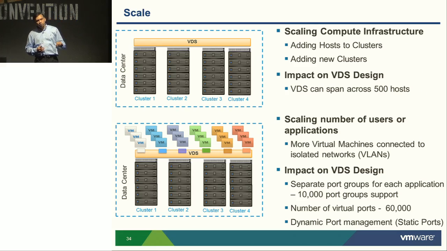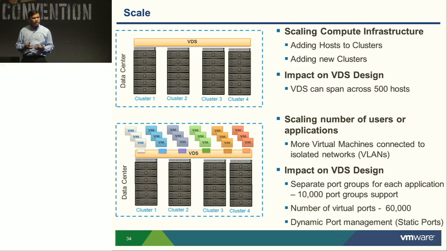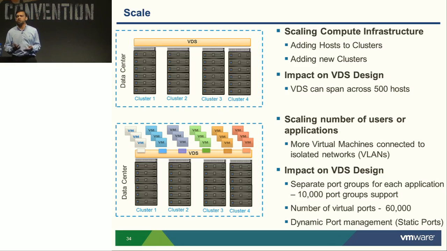But the number of virtual ports is 60,000, so you can connect 60,000 virtual machines in your environment. And a recommendation is you use the static port configuration on the port group instead of the dynamic. I think dynamic is still available, but we don't recommend you to use that particular port configuration.